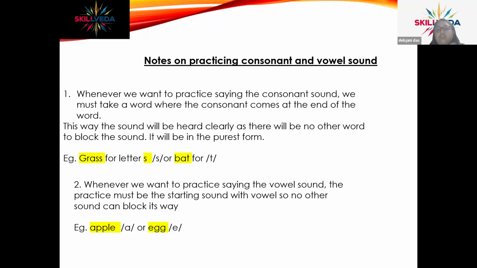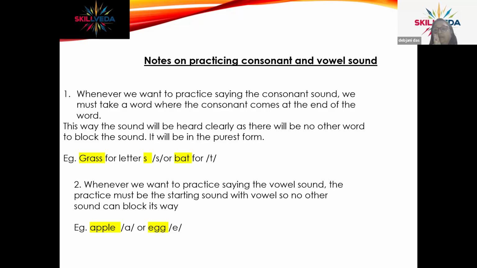So when we are teaching them a consonant, we should always use a word which ends with a particular consonant sound. And when we are going to teach them a vowel, we are going to teach them a word which begins with a vowel.